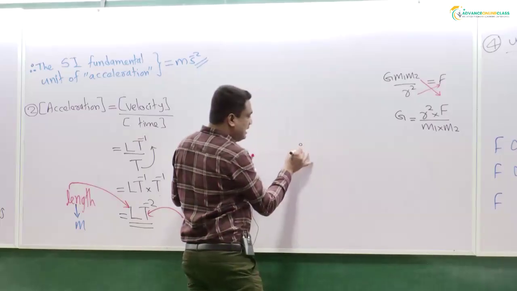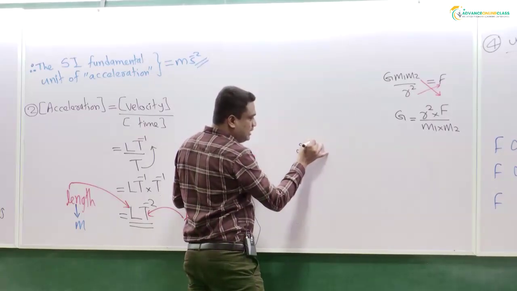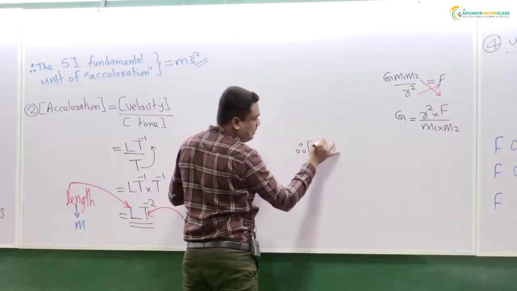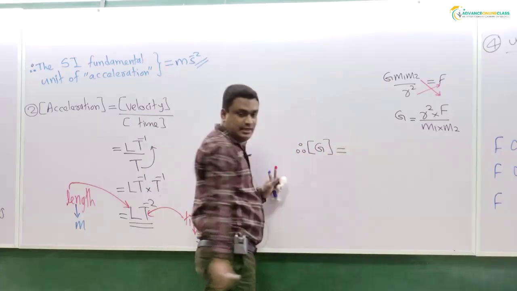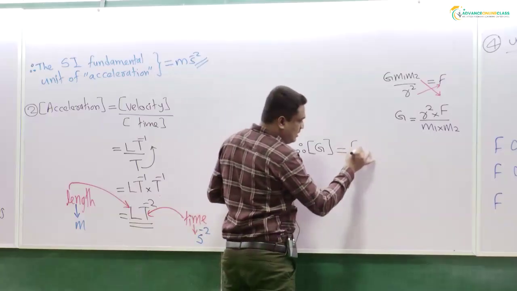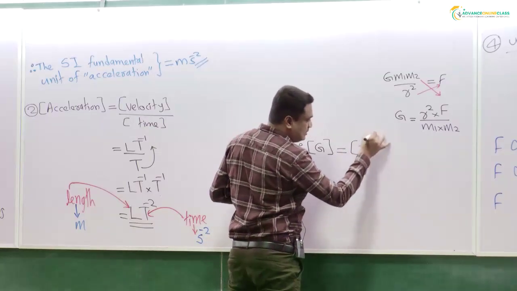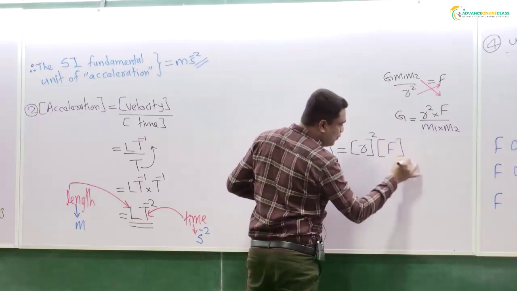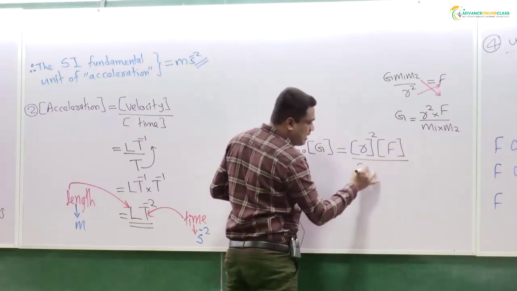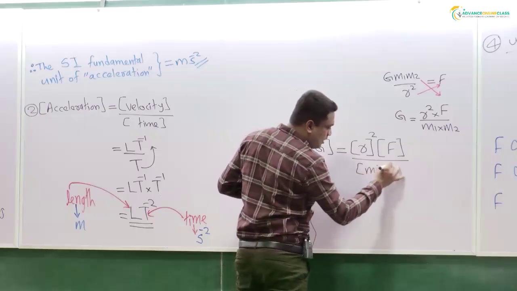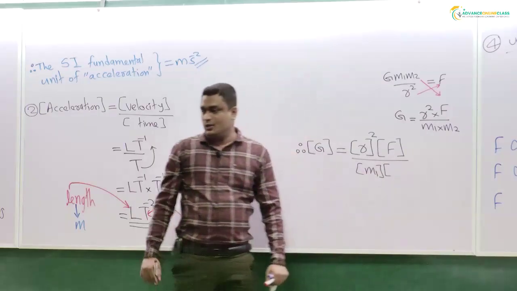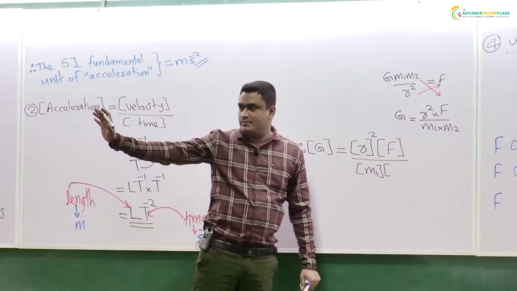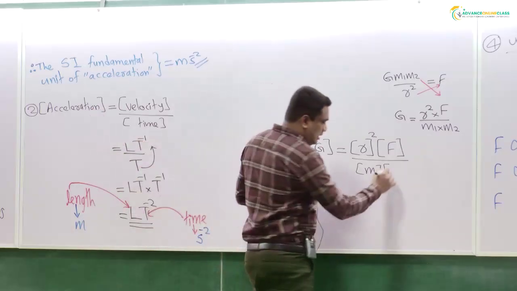Therefore, the dimensions of capital G equals dimensions of R square, dimensions of force divided by dimensions of M1 into dimensions of M2. Please don't write when I explain.